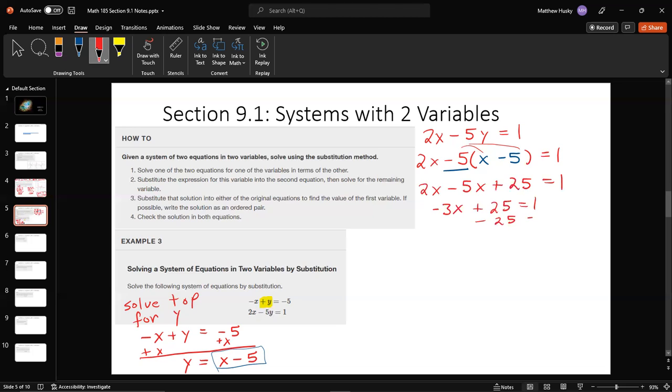Subtract 25 here. You get negative 3x equals 1 minus 25, which is negative 24. Divide by negative 3. Negative 24 divided by negative 3 is positive 8.